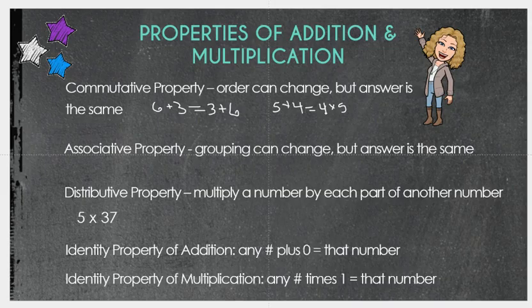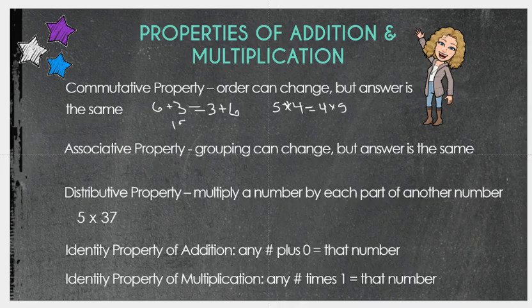So students may be familiar with the property, but they may not be familiar with the property name. So that is the commutative property, quite simply, that you can change the order, but you will get the same answer. And you can use a longer expression with something like this.